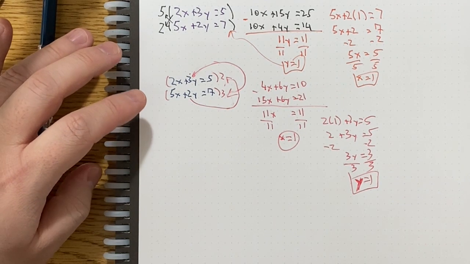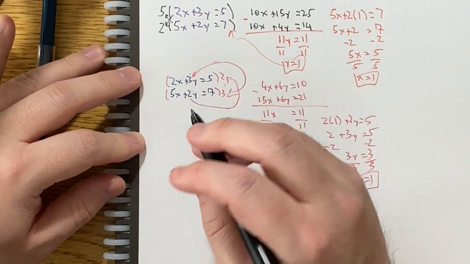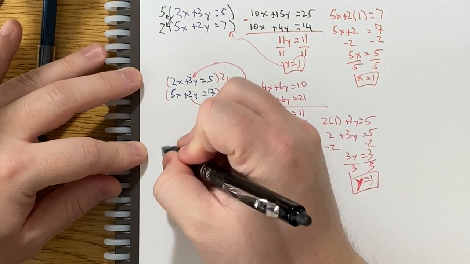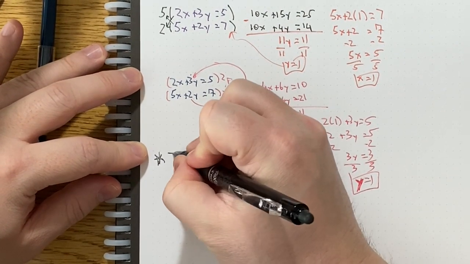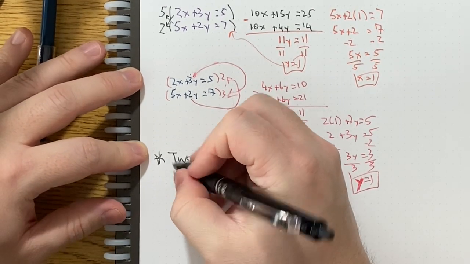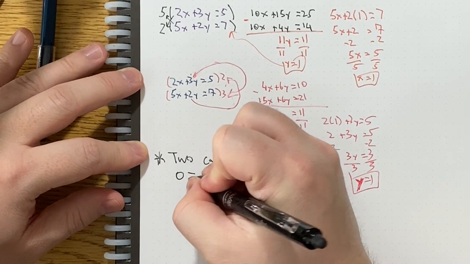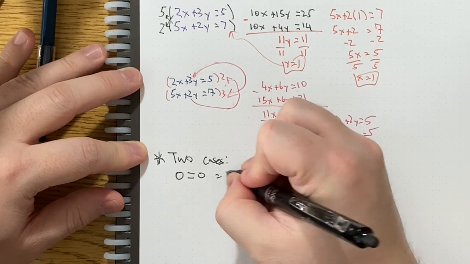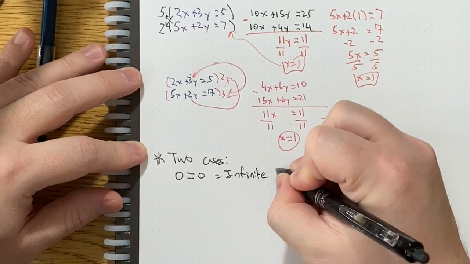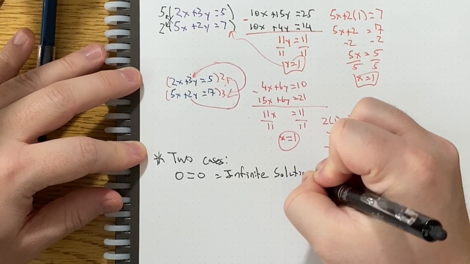Lastly, there's some weird things that can happen when you're doing elimination. So, 2 cases to be careful for. If you get something at the end where it just says 0 equals 0, that means there's infinite solutions. Basically, that means those are the same line.